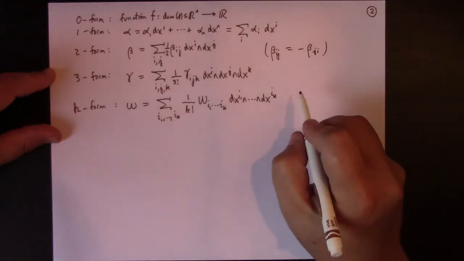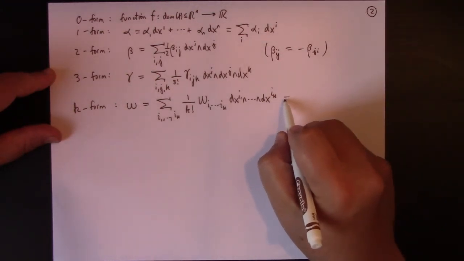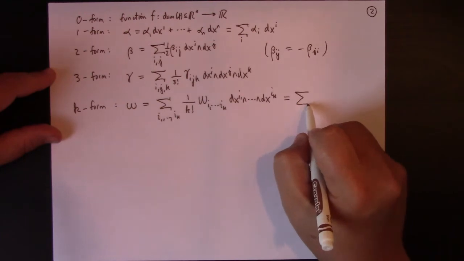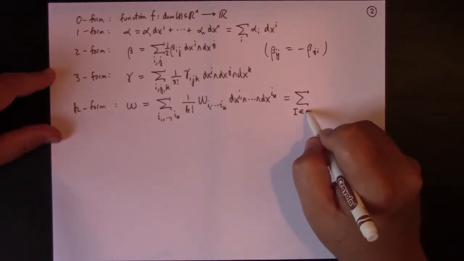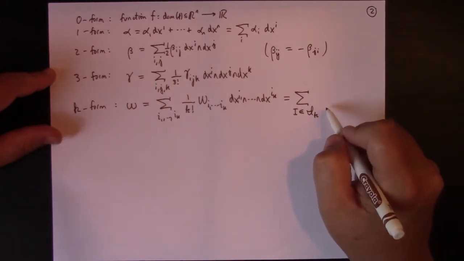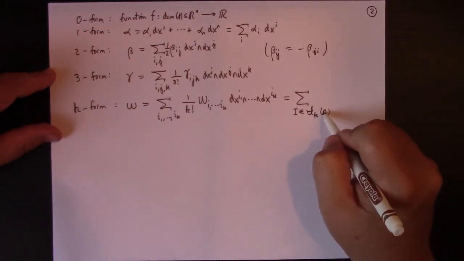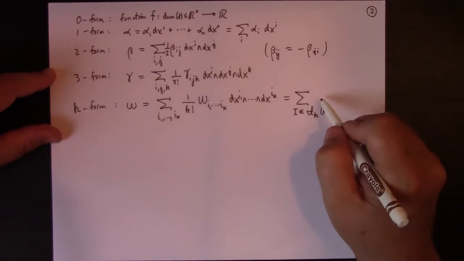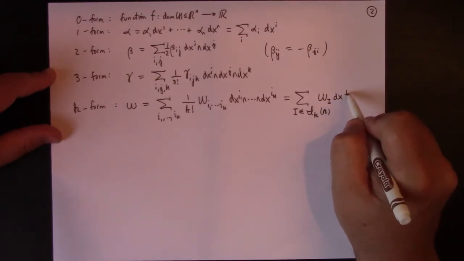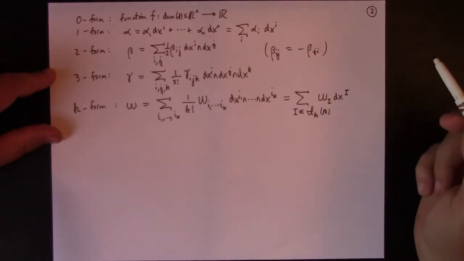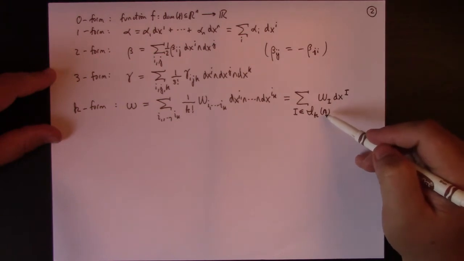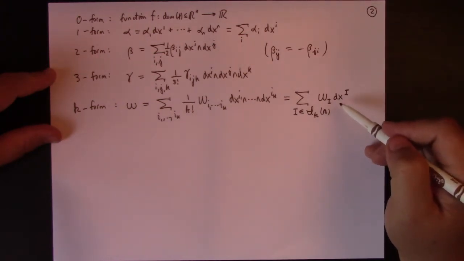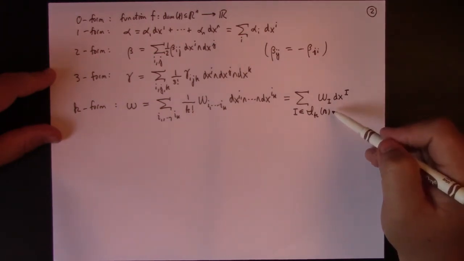Now, at times, it's nice to be able to write this in a more compact notation, so you could write something like this, I in the k indices over n dimensions. I mean, let's put the n dependence right there. And then you could write omega sub multi-index I dx multi-index I. And I wouldn't need the k factorial anymore because this is actually just the increasing indices of length k taken from n values.